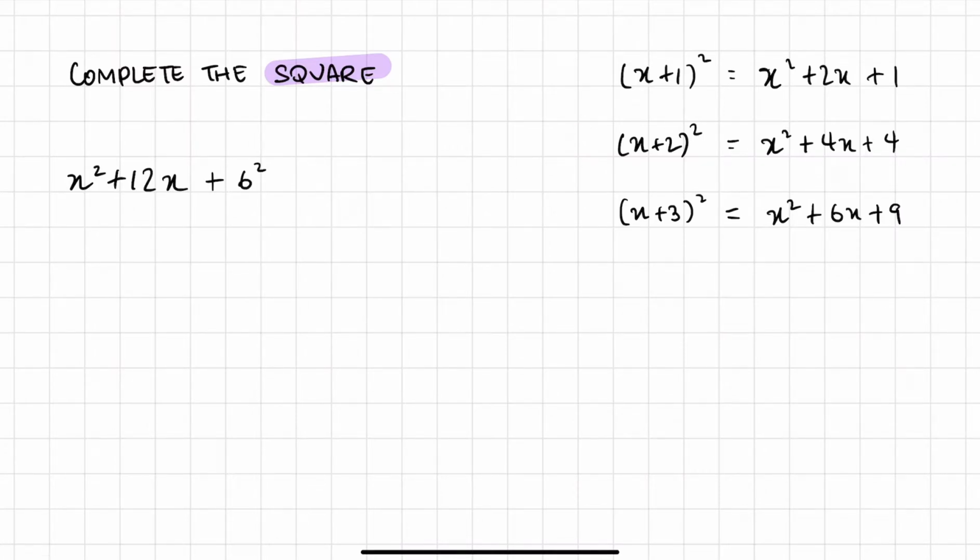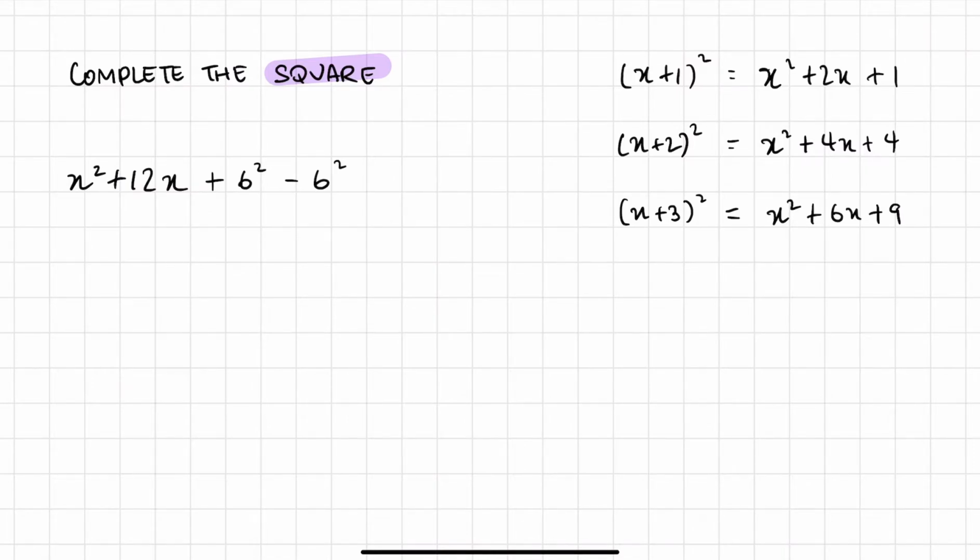Now, since the question just gave us x squared plus 12x, if I want to add 6 squared to this, we're going to have to subtract 6 squared as well, just to make sure that we're not actually changing anything, right? Obviously, 6 squared minus 6 squared will be nothing, and you'll go back to the question.